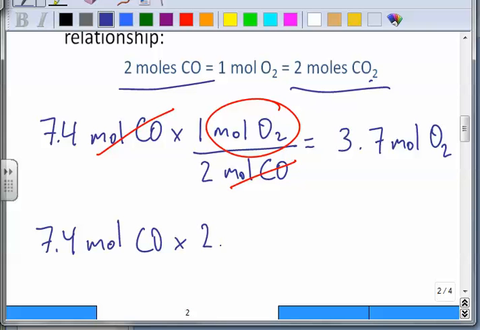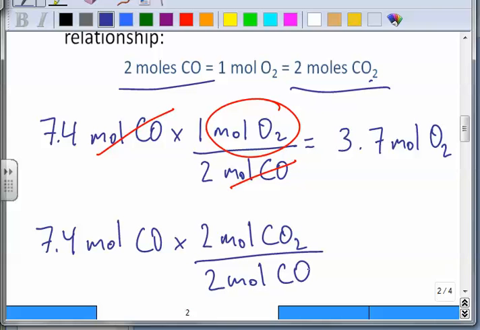So it's a 1-to-1 ratio, but we can write a 2-to-2 ratio also. It's all the same. So 2 moles of carbon dioxide is produced from every 2 moles of carbon monoxide that reacts. So that is simple math. Tells us we're going to get 7.4 moles of carbon dioxide.